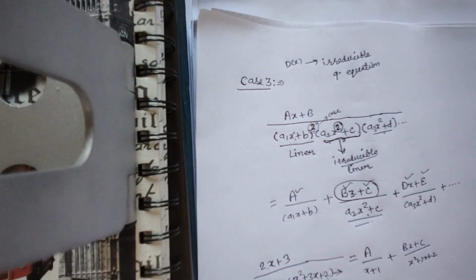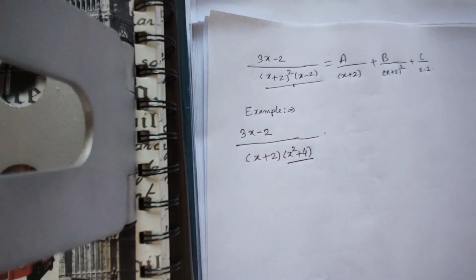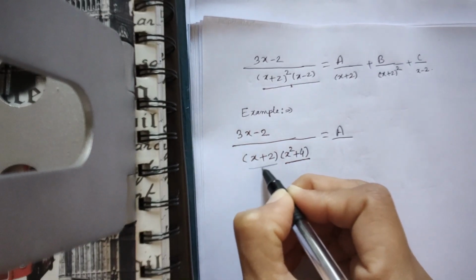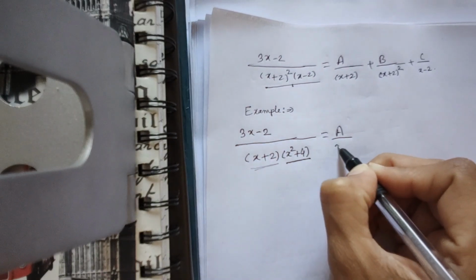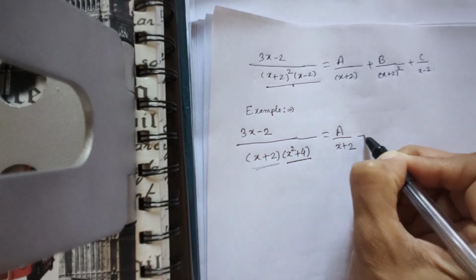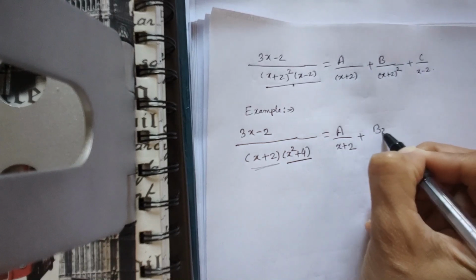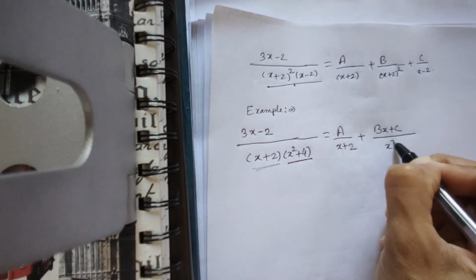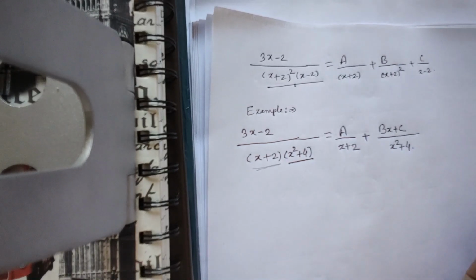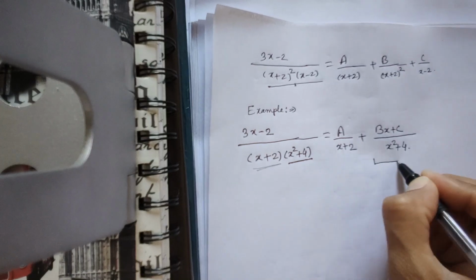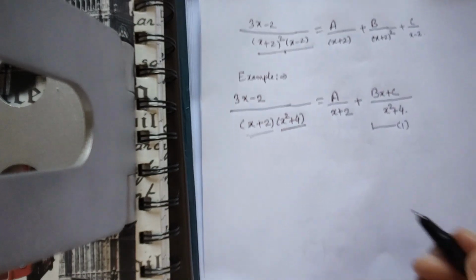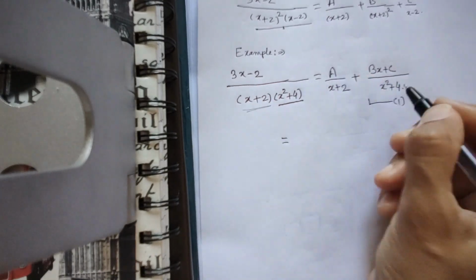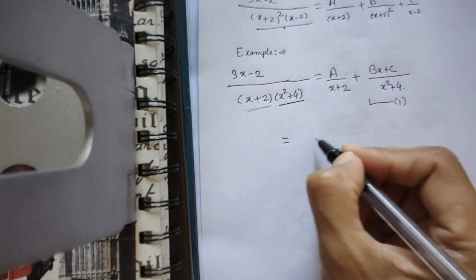So my partial fraction for this will now become a upon x plus 2, this is the first case, linear and non-repeating, plus (bx plus c) upon (x square plus 4), that's how we learned. Now this is my equation 1. The procedure will be the same. I'll just cross multiply or take the LCM, whatever you feel is easy.